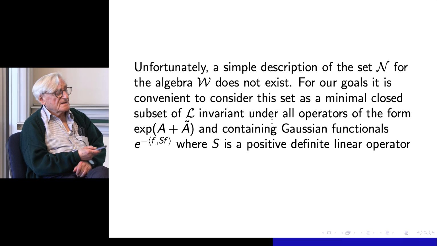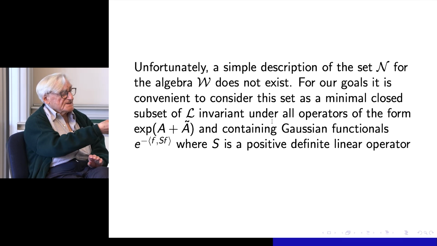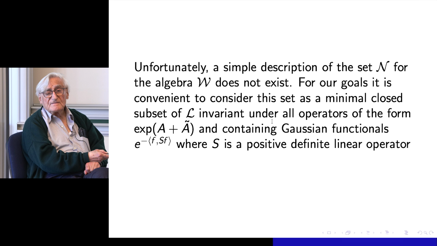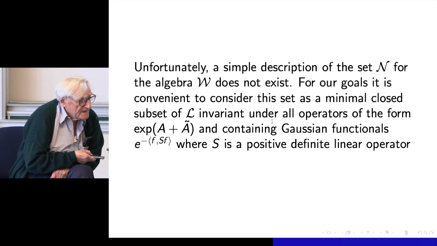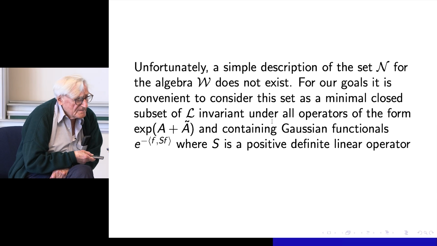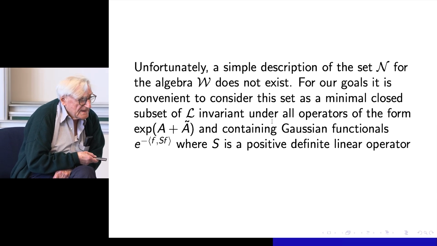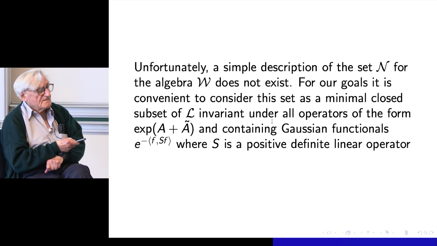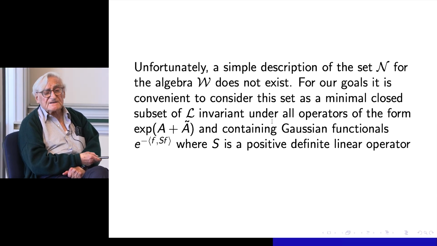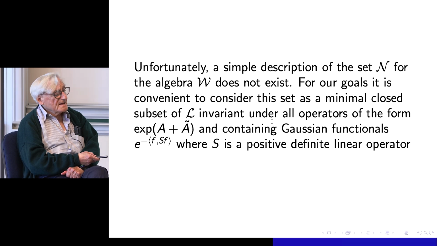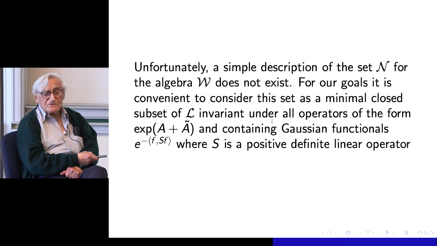You can prove that these Gaussian exponents, of the form e to the quadratic form, where you have a negatively defined quadratic form, belong to this set of states n.